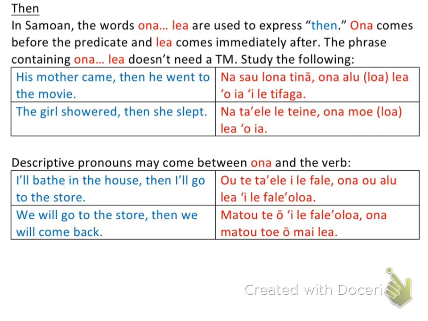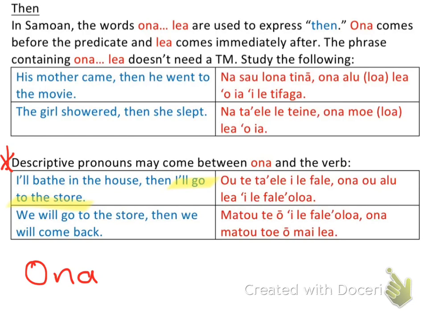Okay? Then I'll go to the store. Okay? And an emphasis on the then. Okay, so in this case, I'm going to put my ona because I have a then statement, okay? So ona, then I need to think, okay, I'm using a descriptive pronoun, this thing right here.